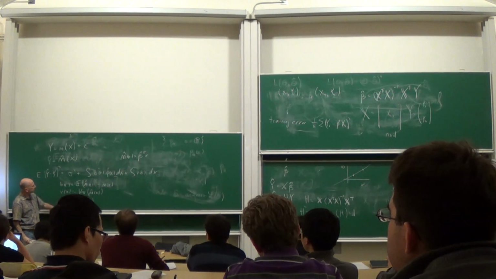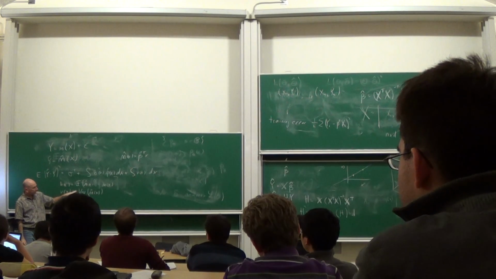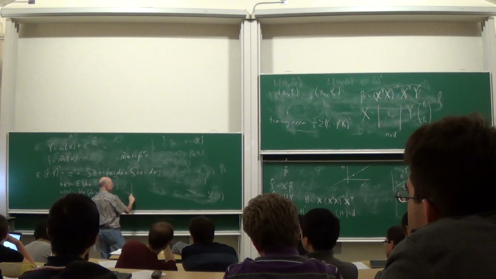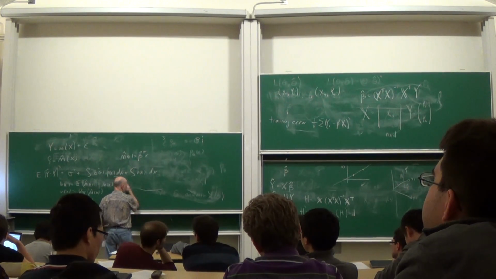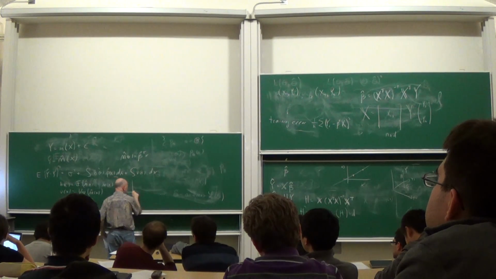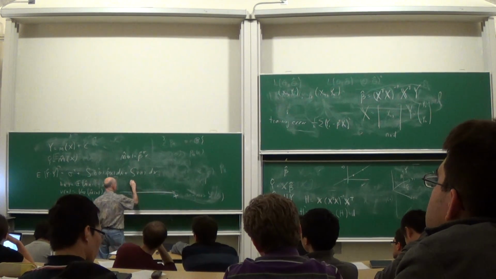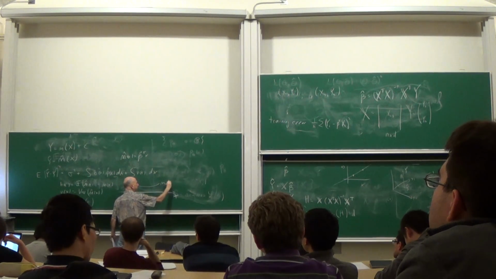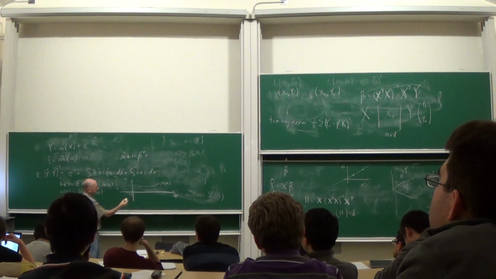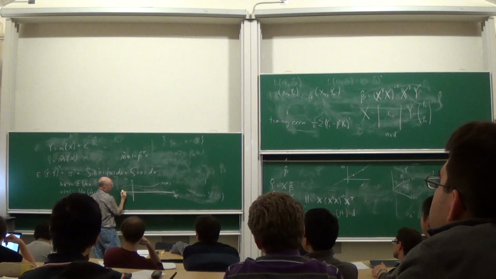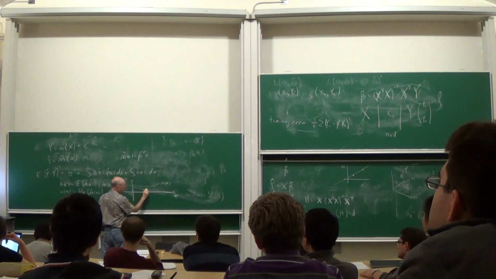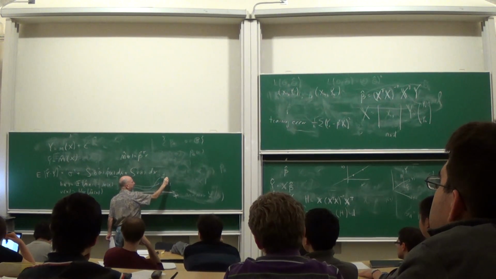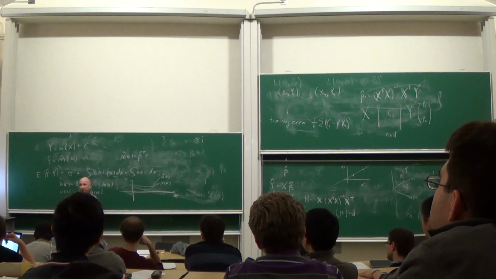So let's think about this for a second. At any given x, we can talk about what the true value is of m of x. And then we have our estimator, which is a random function. Why is it random? Because it depends on the training data.